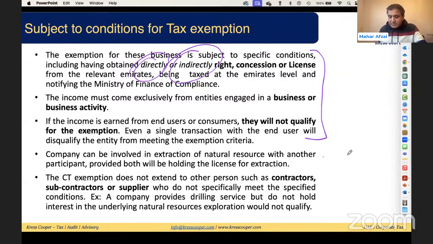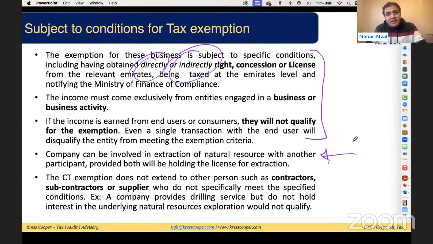This is the fourth condition. This fourth condition is only applicable for the businesses which are in the non-extractive natural resource businesses. Such companies must derive their income from entities which are doing business or business activity, meaning these companies are not dealing with the end user or individual.